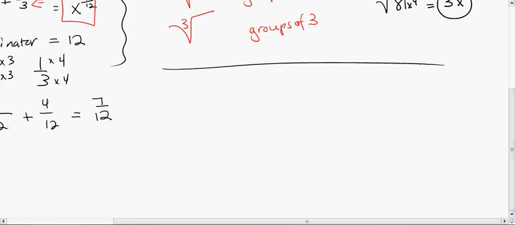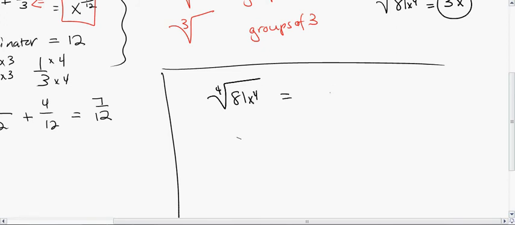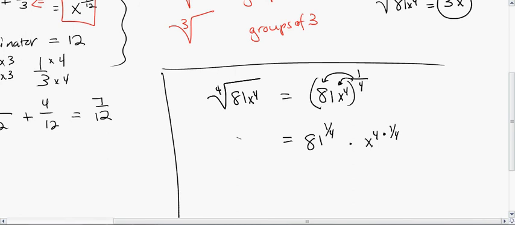So let's start off with our problem back at the beginning, the 4th root of 81 times x to the 4th. And let's rewrite that with fractional exponents. So I could rewrite that as 81 times x to the 4th, all to the 1/4 power. Once I've done that, I can pass that 1/4 power inside the parentheses, my sort of faux distributing, which becomes 81 to the 1/4 power times x to the 4th times the 1/4 power, right?